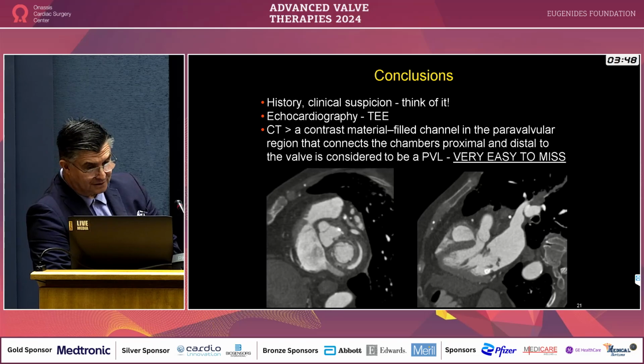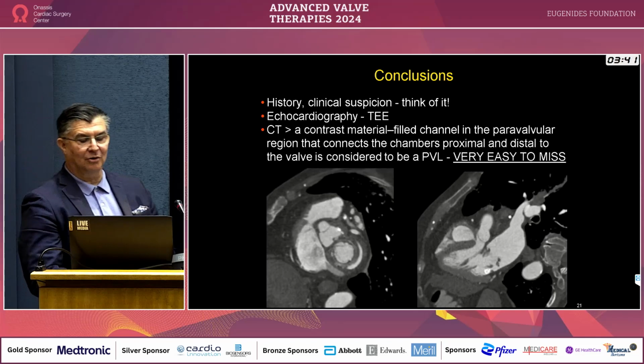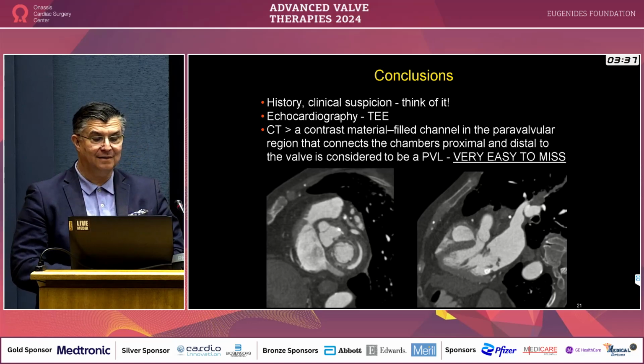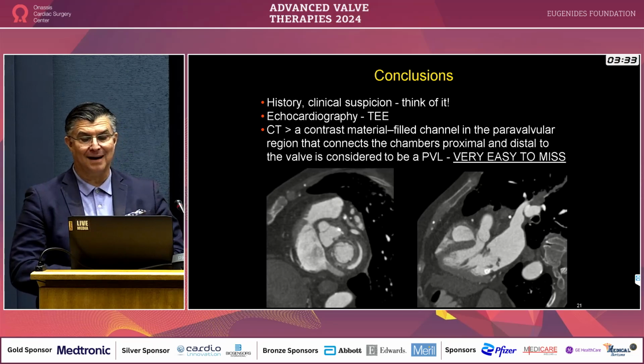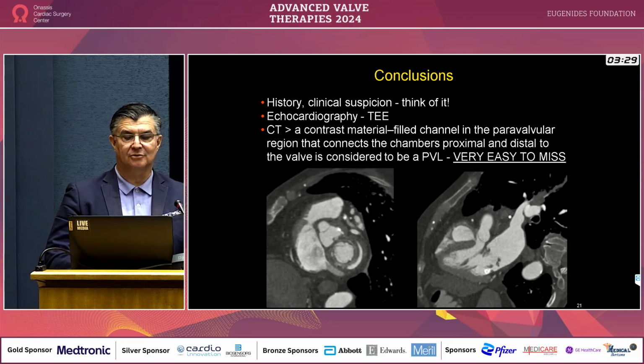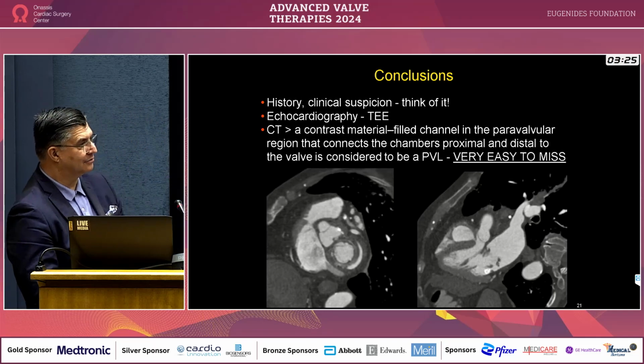The first imaging examination is echocardiography with transesophageal echo, the gold standard. And in CT, what you need, the sine qua non, is a contrast material filled channel in the paravalvular region that connects the chambers proximal and distal to the valve. And again, it is very easy to miss. Thank you for your attention.